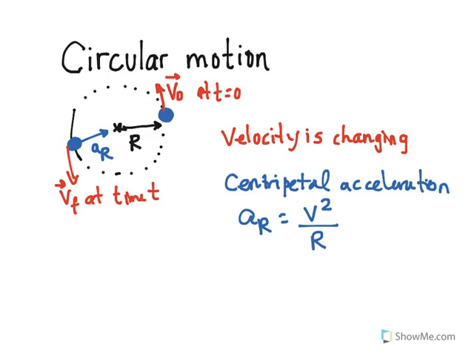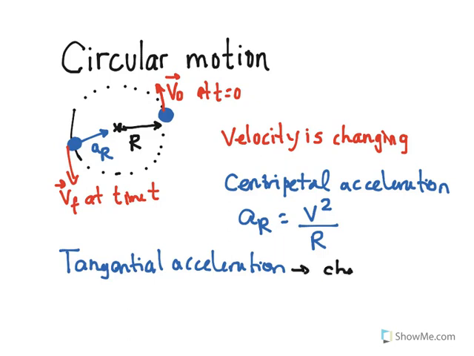Of course, it could happen that there is a change in the magnitude of the velocity, and that is given by the tangential acceleration. So the tangential acceleration is only to change the speed, or the magnitude of the velocity, in the circular motion.